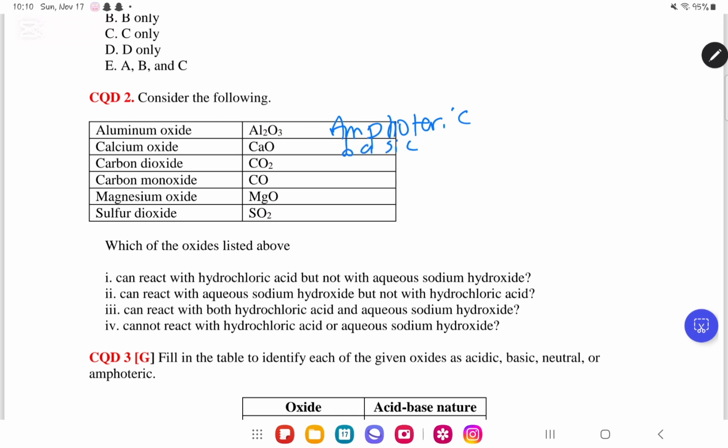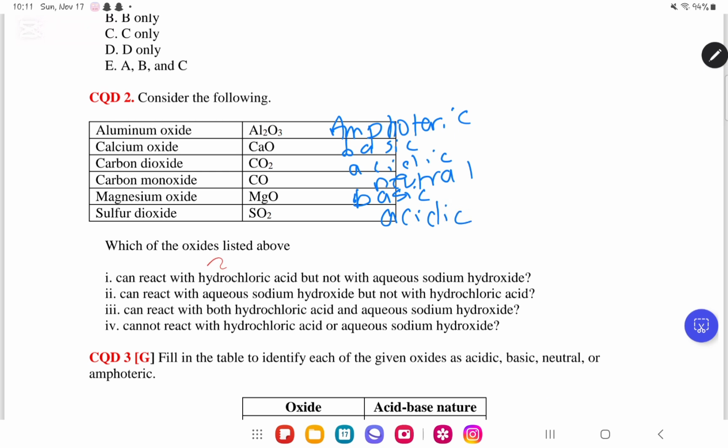Carbon dioxide is a non-metal plus an oxide, so it is acidic. CO, we know it is neutral. MgO is a metal and an oxide, so it is basic. And then finally, SO2 is acidic because it is a non-metal and an oxide.